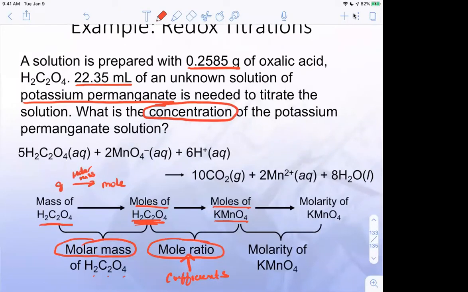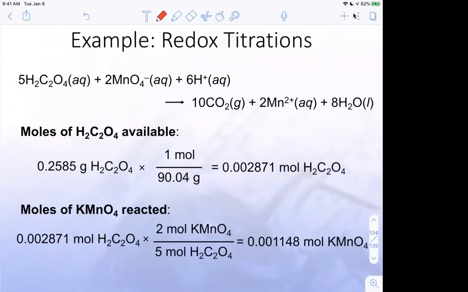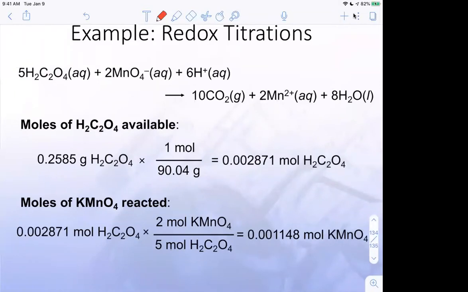Now, if I know the moles and I know the volume of the potassium permanganate solution, I can calculate the molarity of the potassium permanganate, and that gives me the concentration of that potassium permanganate solution. So let's put in the numbers.